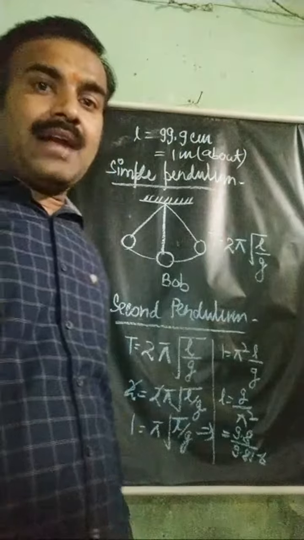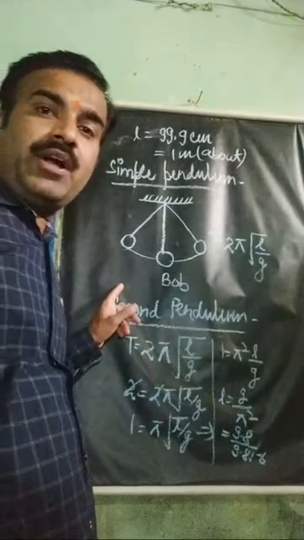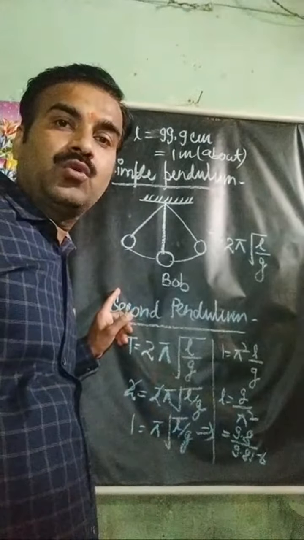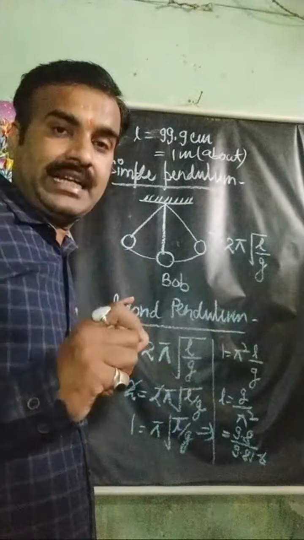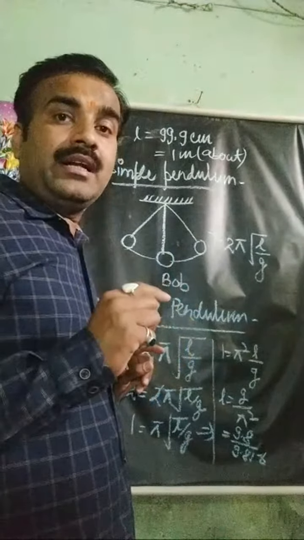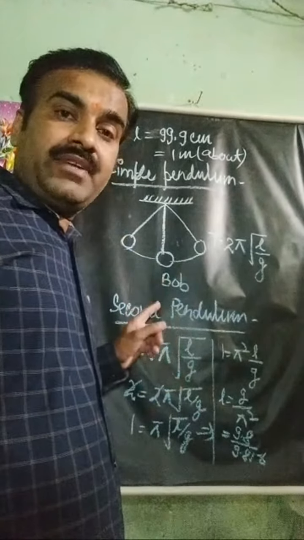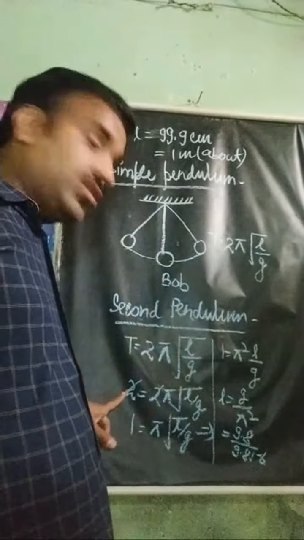See here, a second pendulum is that pendulum whose time period is 2 seconds. On the basis of the definition, T equal to 2 seconds.